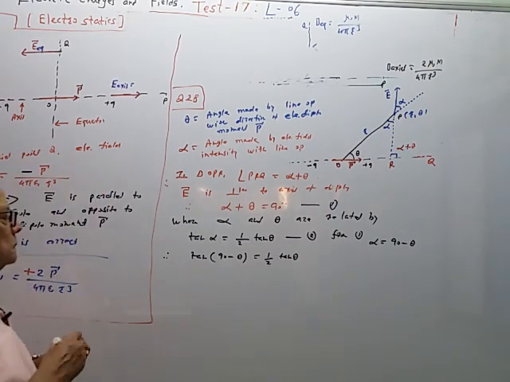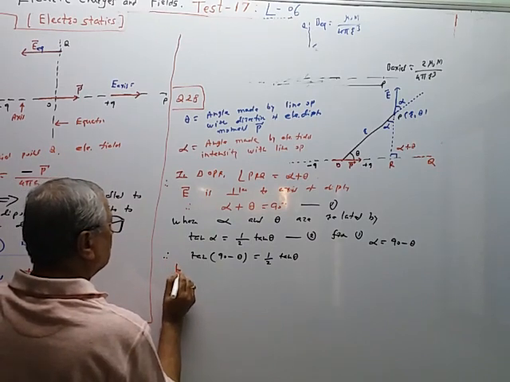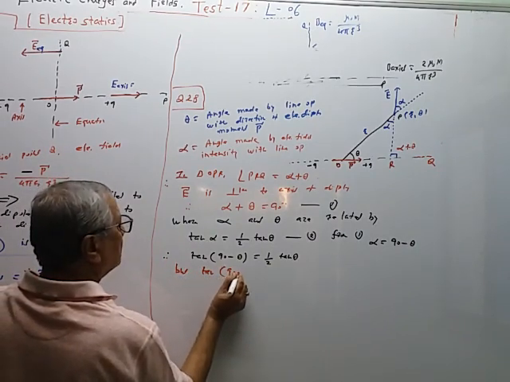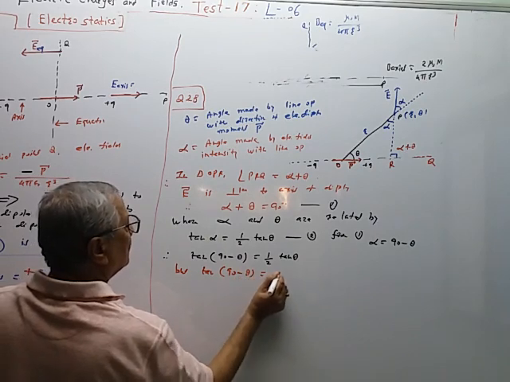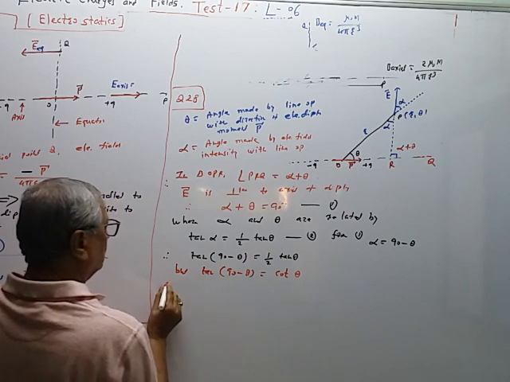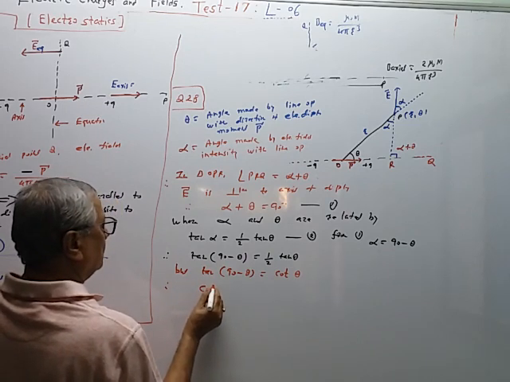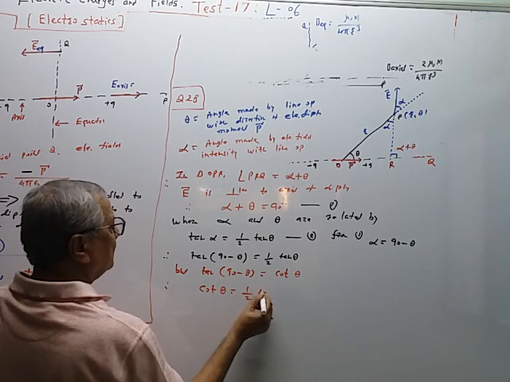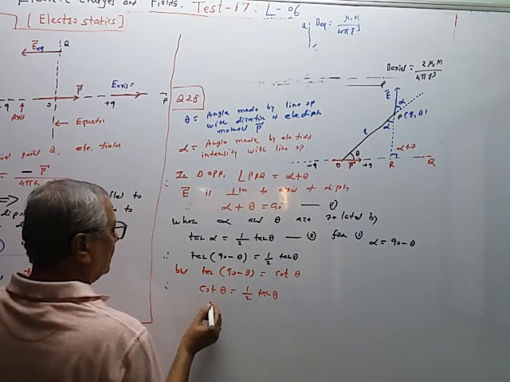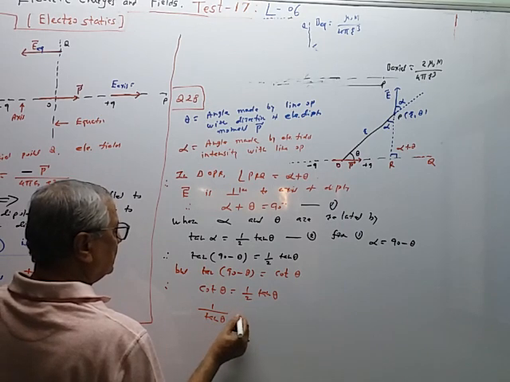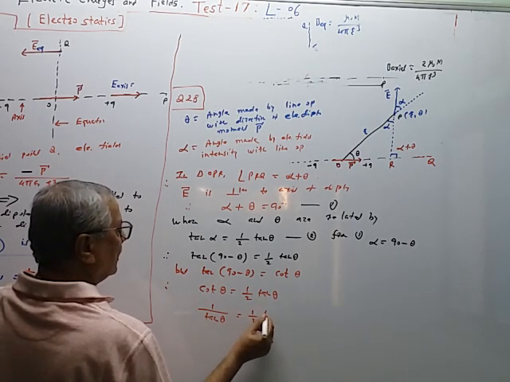But tan of 90 minus theta is equal to cot theta. Therefore, cot of theta is equal to 1/2 tan theta. Cot theta is equal to reciprocal of tan theta. So 1/tan theta is equal to 1/2 tan theta.